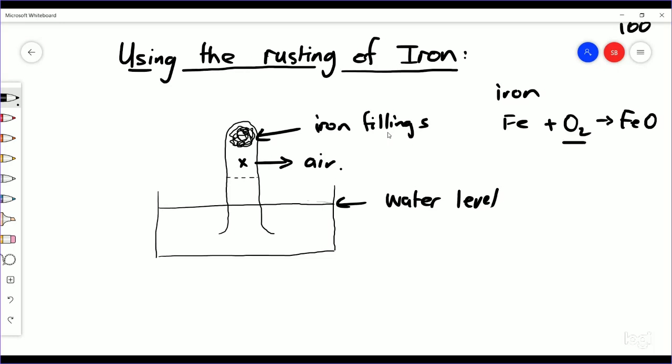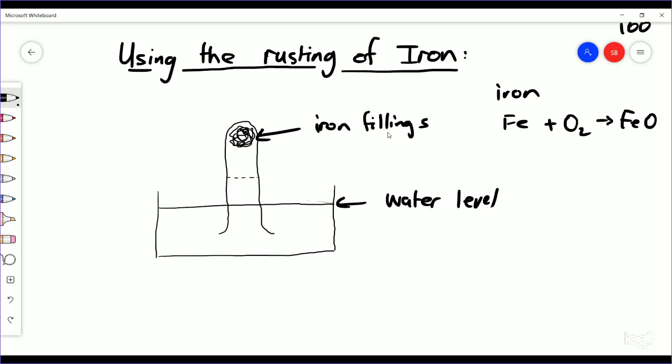Now, if we leave this apparatus for about a week, you would start to see that this iron starts to rust. In other words, it starts to react with the oxygen. As the oxygen is used up in the space, there's less gas there to occupy the space.